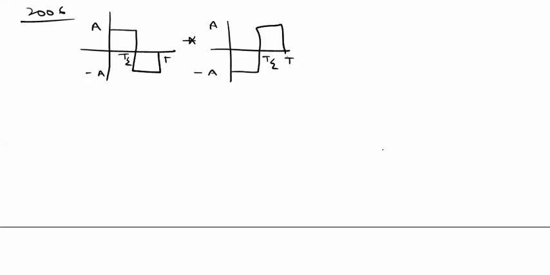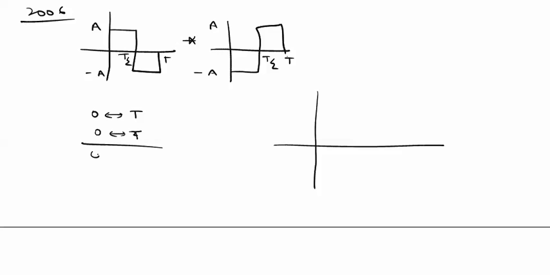What will be the result? The range of the first pattern is 0 to T, and the range of the second pattern is 0 to T, so the result is up to 2T.